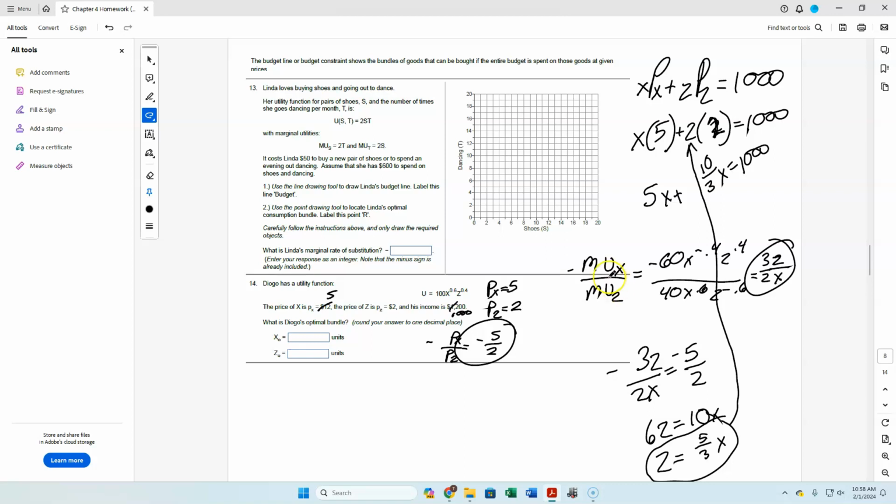If we work here with our common denominator, that would give us 15 over 3 x plus 10 over 3 x equals 1,000, which would essentially be 25x over 3 equals 1,000. Multiply each side by 3. So now 25x equals 3,000. X equals 120.